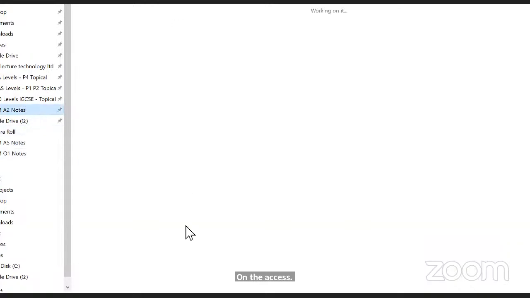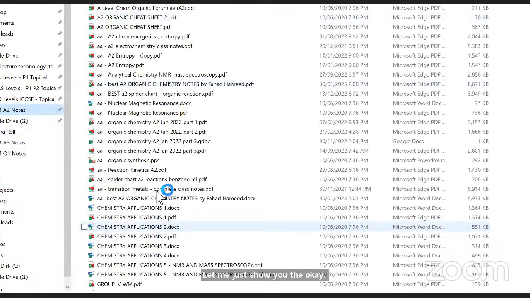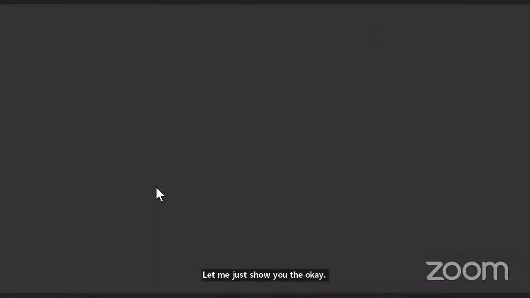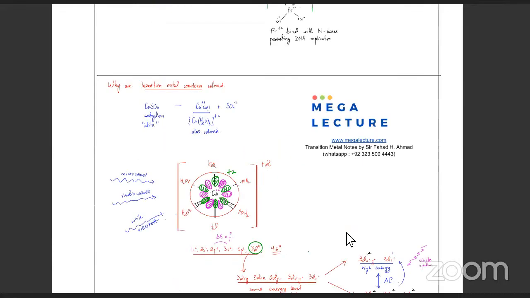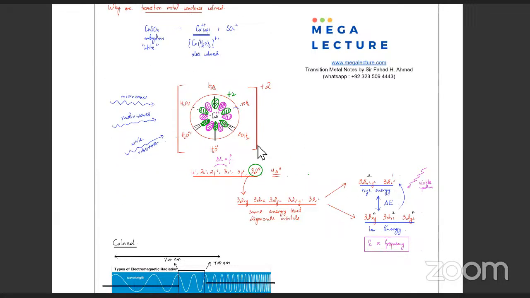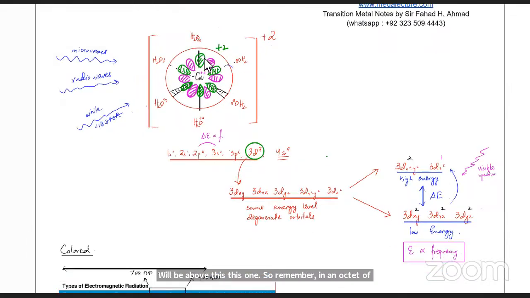In the notes, probably above this one. So remember, in an octahedral complex, all the ligands are approaching on the axis.